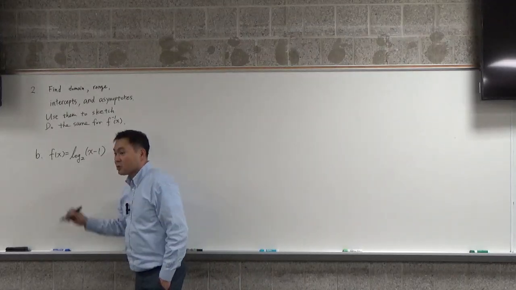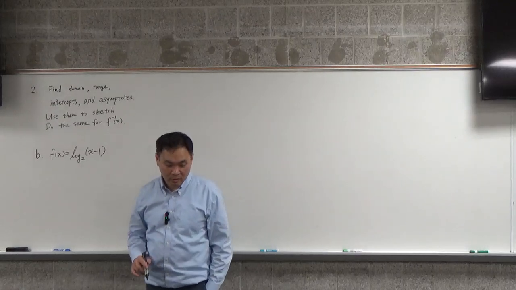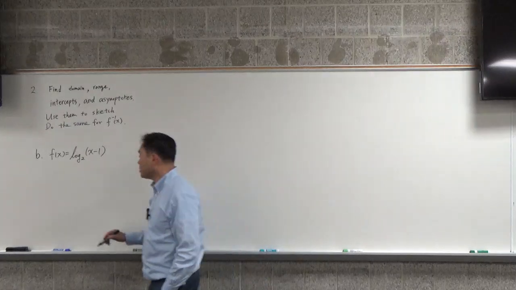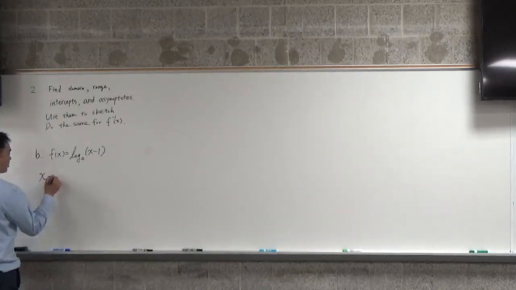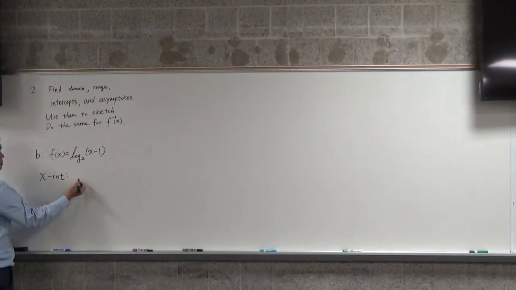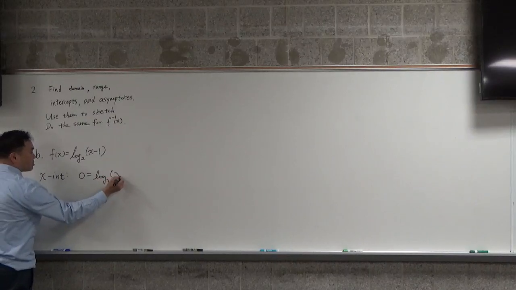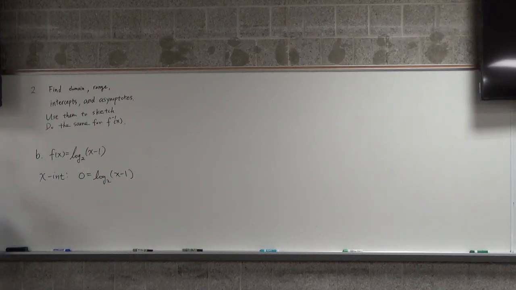Okay, so let's try this next one. So for this one, let's find the x-intercept. So set y as 0 for the x-intercept. Okay, how should we solve this? No, natural log will be ln.